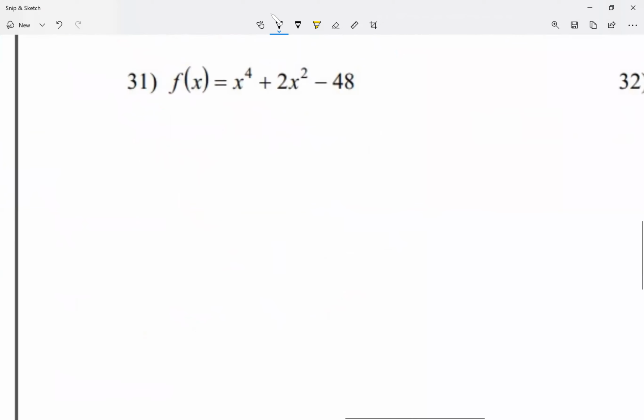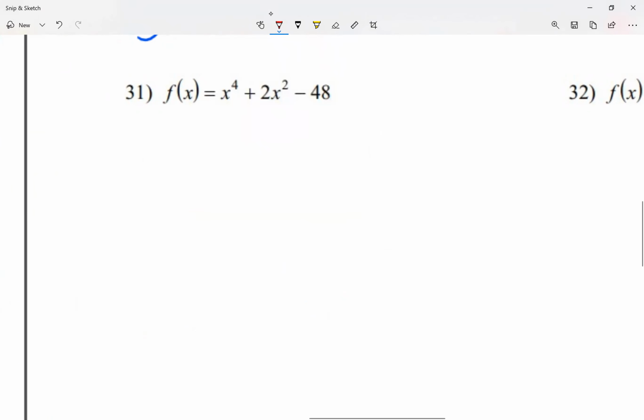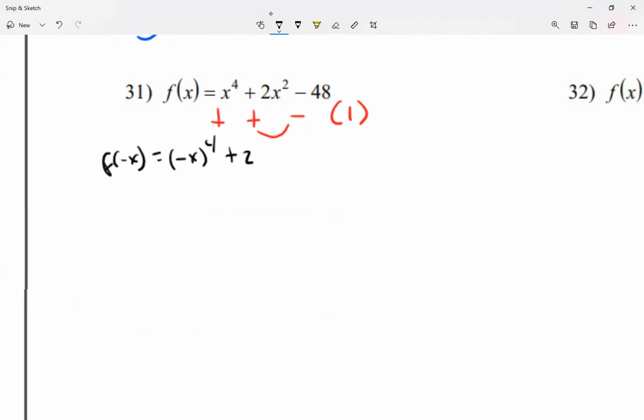All right, let's take a look at number 31. When it comes to signs of f of x, I have positive, positive, negative. There was one change right here. Now let me think of f of negative x. That is negative x all to the fourth plus 2 negative x to the second minus 48.